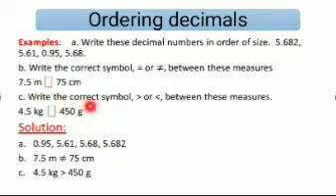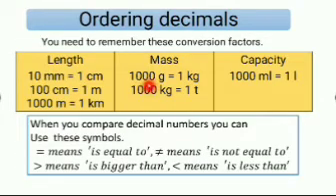Then here, write the correct symbol, either greater than or less than, between the measures 4.5 kilograms and 450 grams. Also, if you look at the table, 1,000 grams is equal to 1 kilogram.